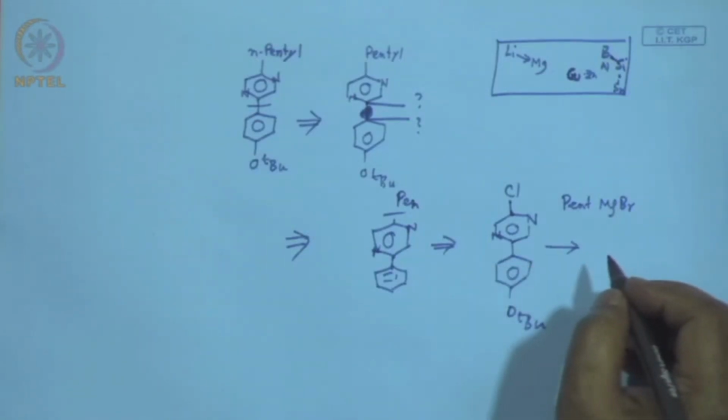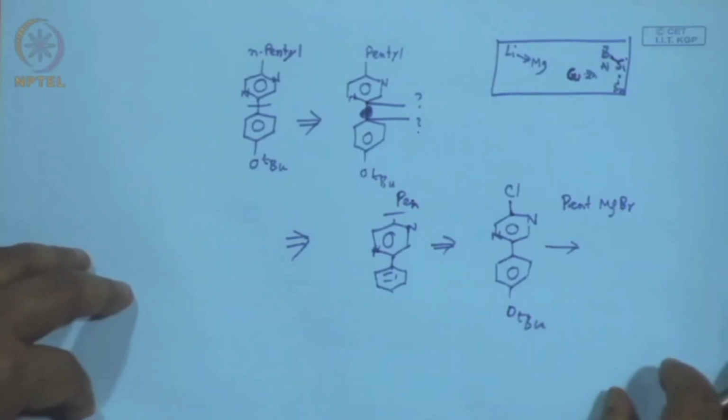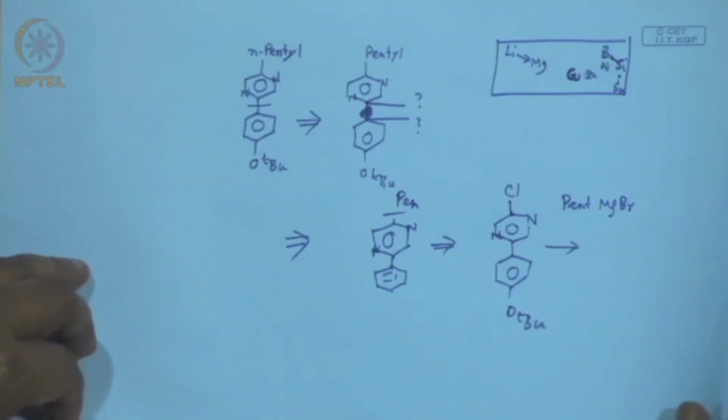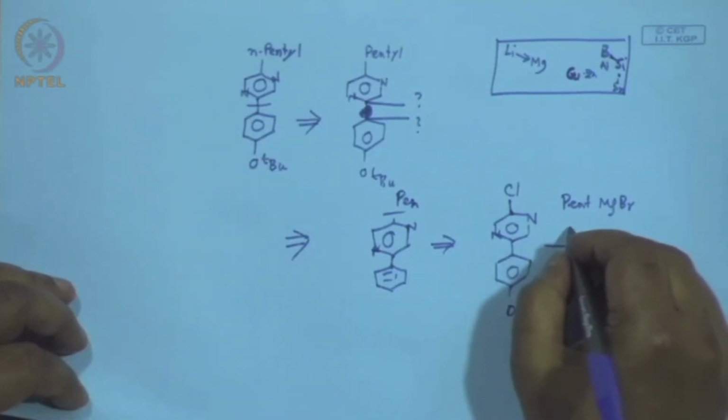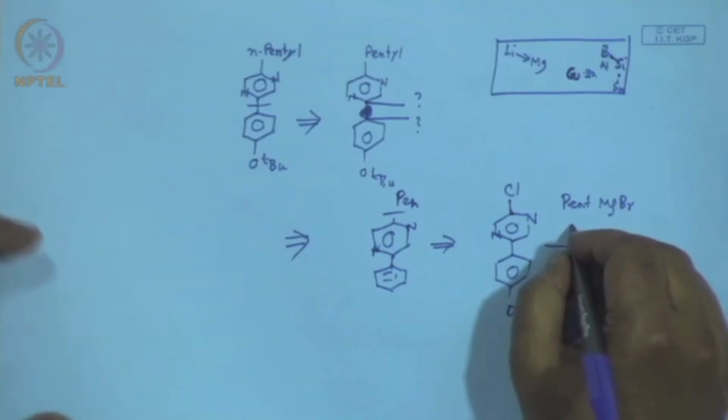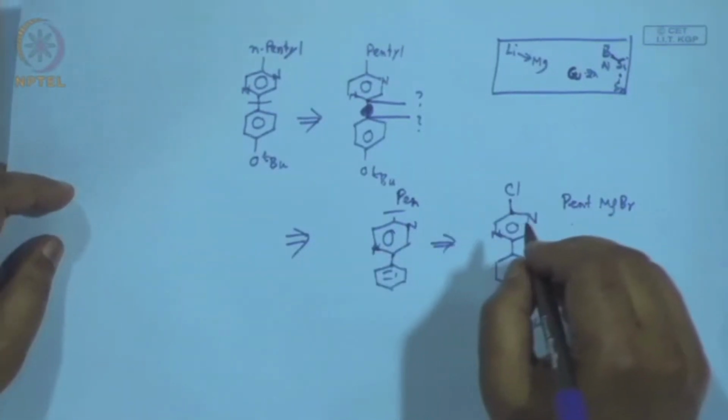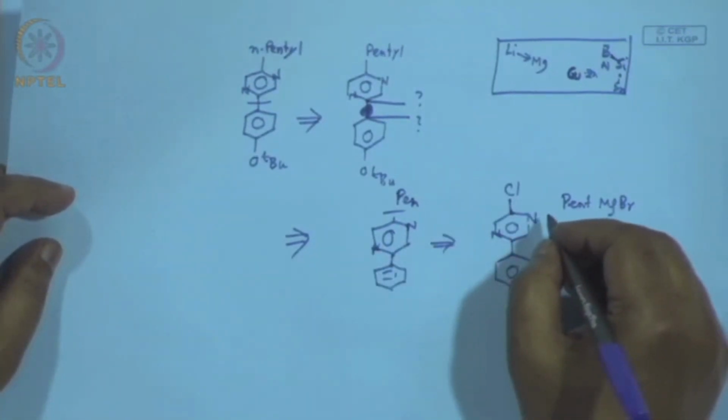What next? You have to choose the right catalyst. What is the catalyst? Kumada originally used a nickel catalyst, but many other people like Nakamura, Fürstner, they have used iron.